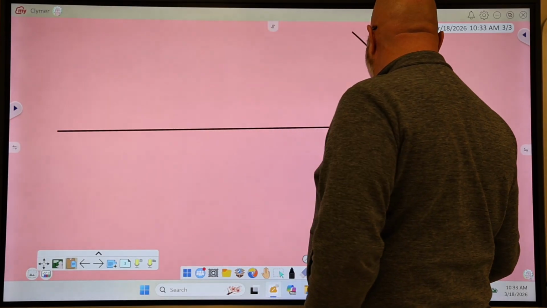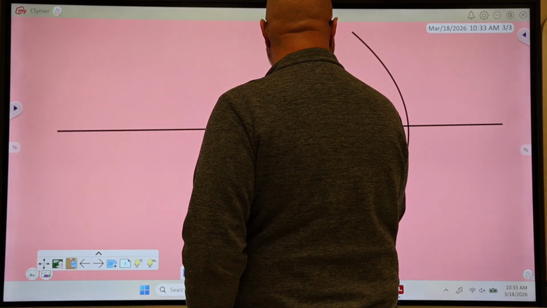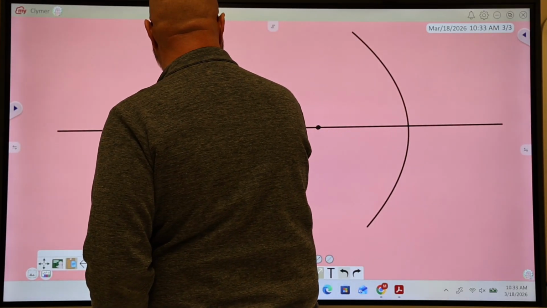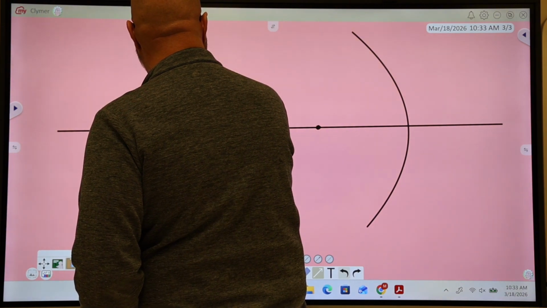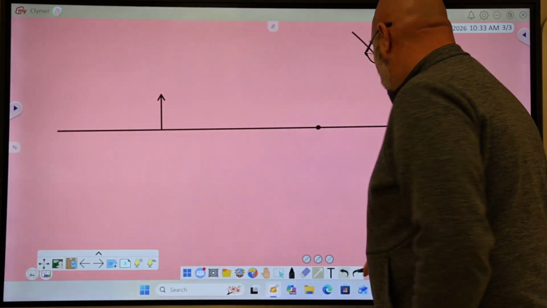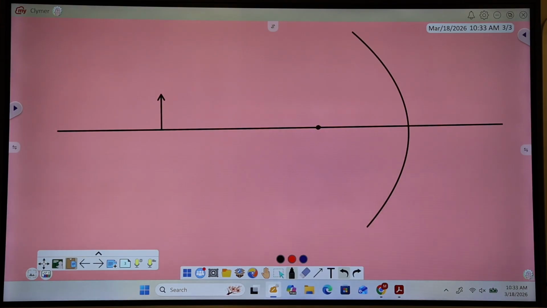And we are going to run this back. Okay, so we're going to start with a drawing that looks like this, where we have an object.